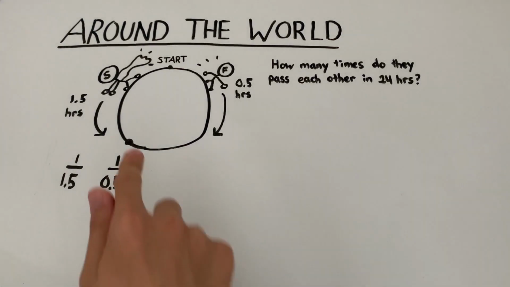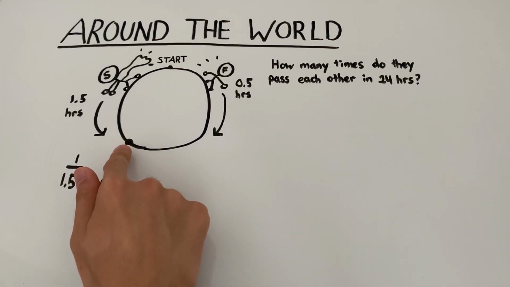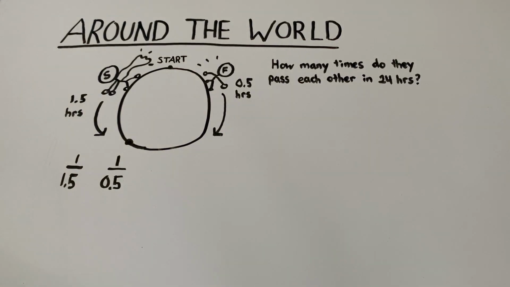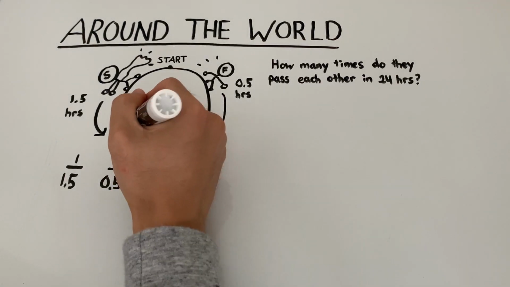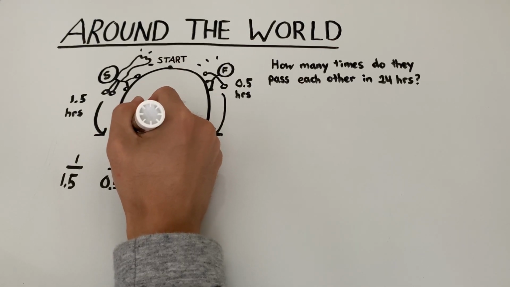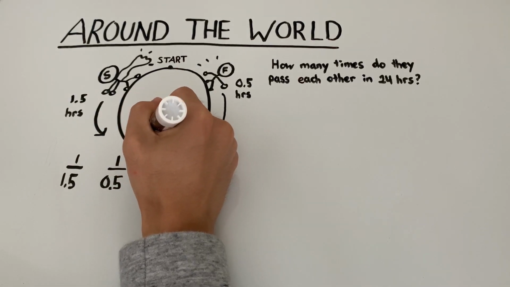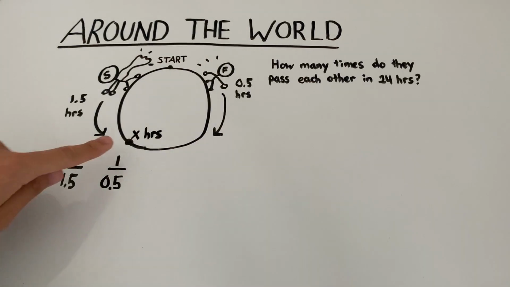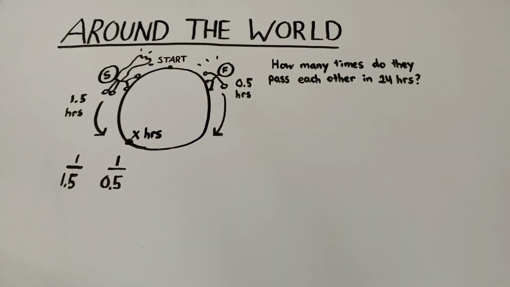Now let's say that this first meeting point, right over here, occurs after Superman has flown and Flash has run for X hours. So this is the point after X hours of travel.